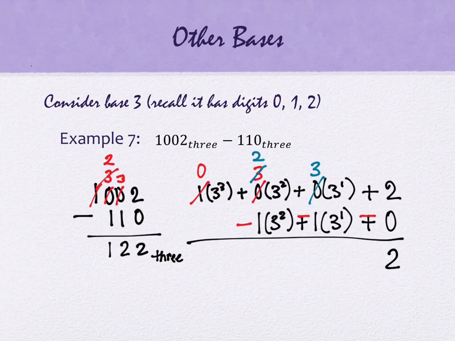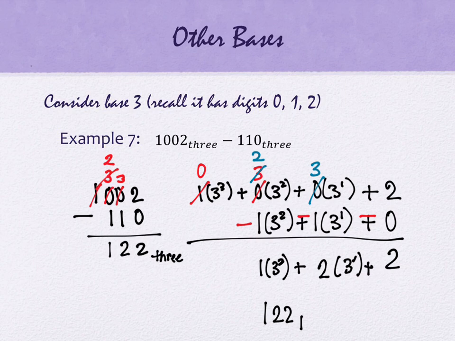So 3 longs minus 1 long is 2 longs. And then 2 flats minus 1 flat would be 1 flat. And I have the number 1, 2, 2, base 3.